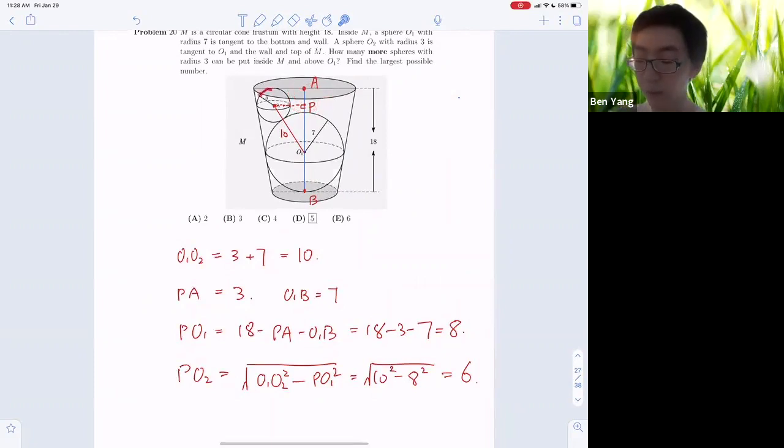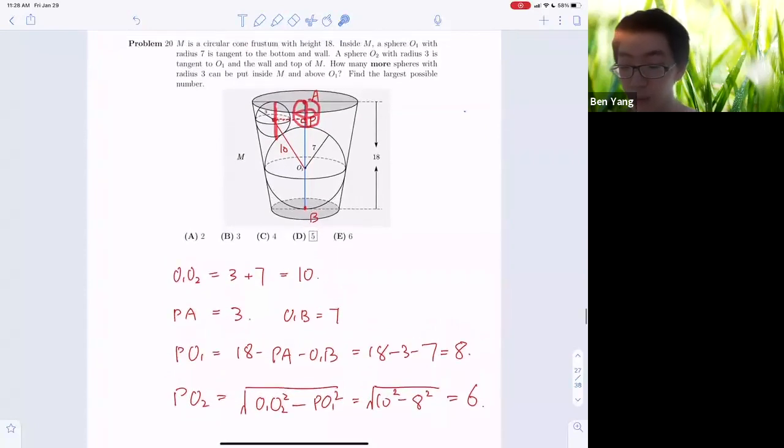You see that for this sphere, it fits there because we have more room here than in the center. So right in the middle, we cannot fit another sphere. That's why the most number of spheres we can fit is just 5, in addition to the one that's already there. So the answer is D.